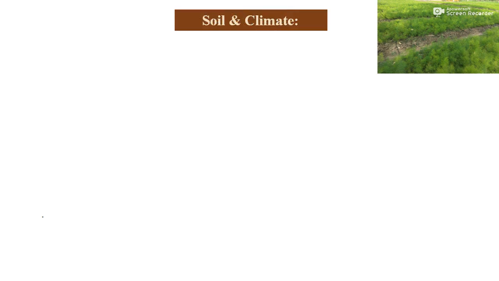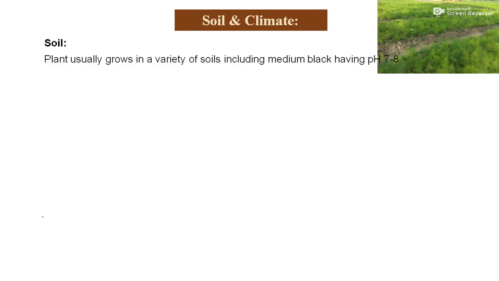Regarding the cultivation practice of Shatavari, the soil requirement for this crop: the plant usually grows in a variety of soils, including medium black, having a pH range of 7 to 8. Light loamy soil with good water infiltration is considered ideal.